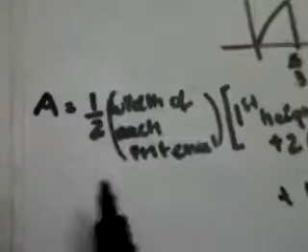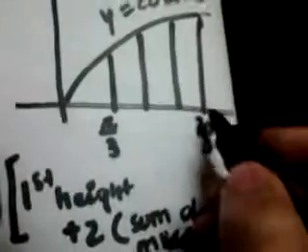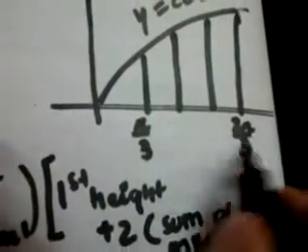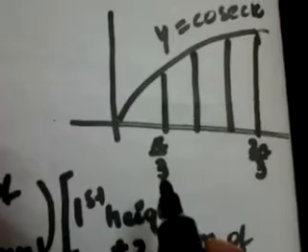So the first thing we need is the width of each interval. The width of each interval is equal to the upper limit minus the lower limit divided by the number of intervals.